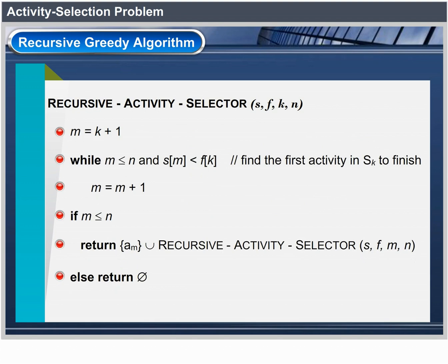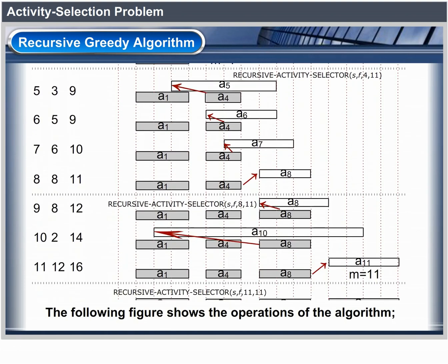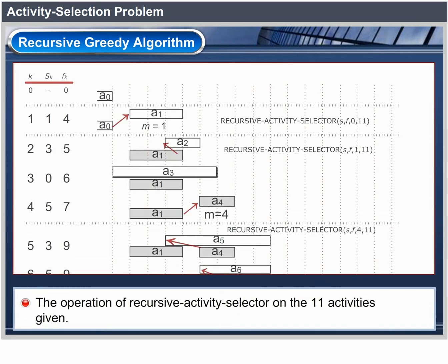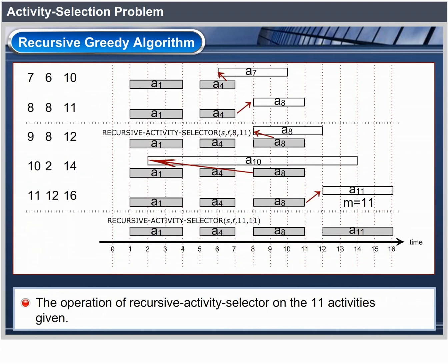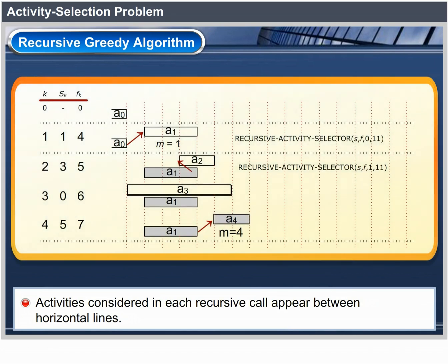This figure shows the operations of the recursive activity selector algorithm on the 11 activities given. Activities considered in each recursive call appear between horizontal lines.